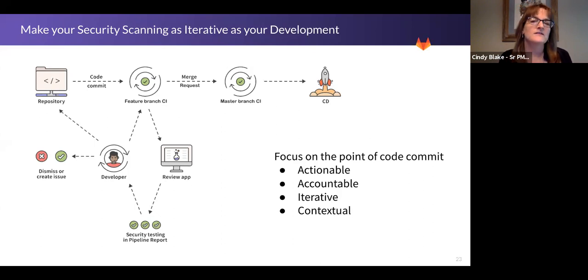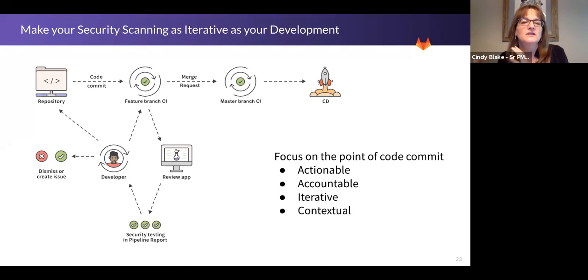So after it leaves the developer's hand, after they've merged it in with a master branch and it's combined with other people's code, then the security team can, if you're using a single source of truth and a single tool like GitLab, see what the developer did, what was dismissed, and maybe they disagree with it and turn it into an issue instead.